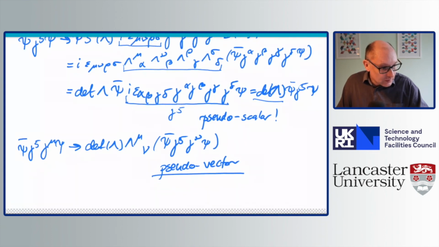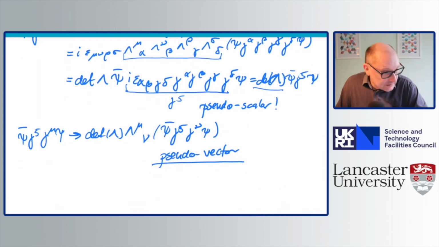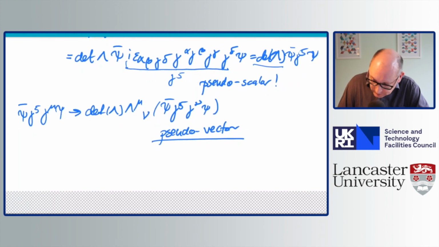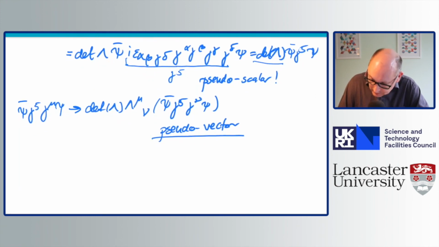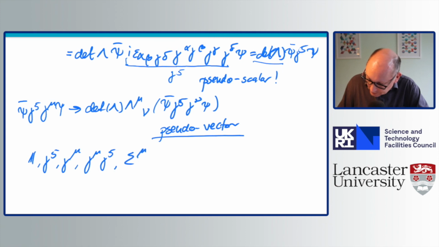Good. So we've now found a set of 16 linearly independent matrices, and let's just write them down. There was the scalar, gamma 5, gamma mu, gamma 5 and sigma mu nu, which was defined as i over 4 commutator between gamma mu gamma nu.